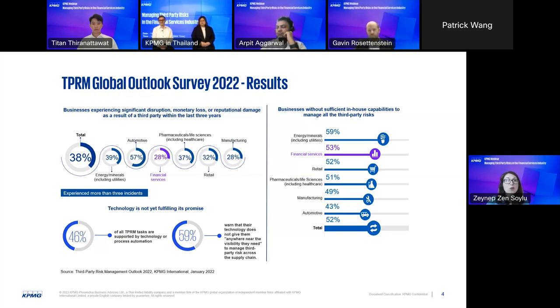However, if we just look at what we see in the market right now, most of the TPRM teams predominantly use maybe a form of workflow tools to support their day-to-day processes.